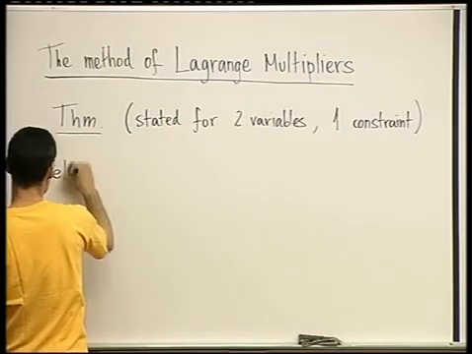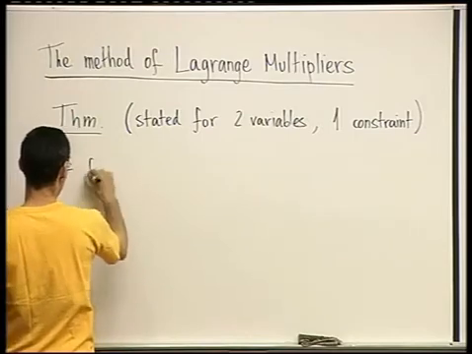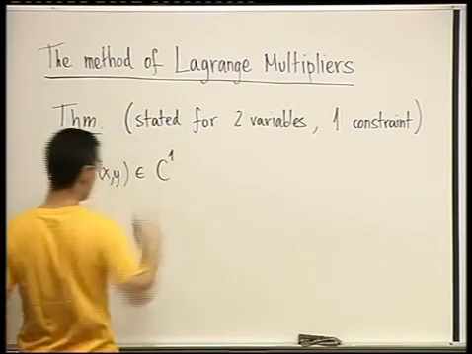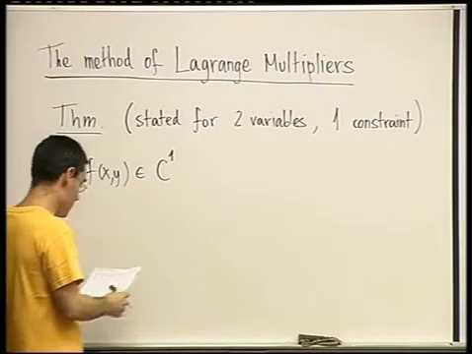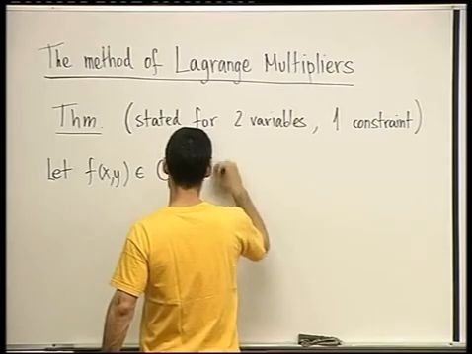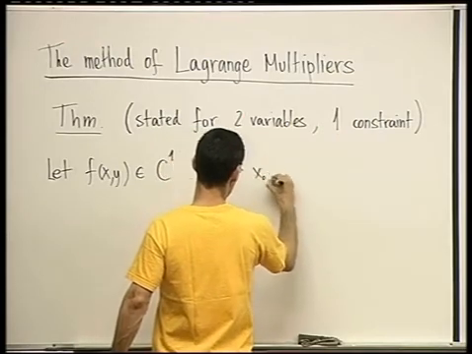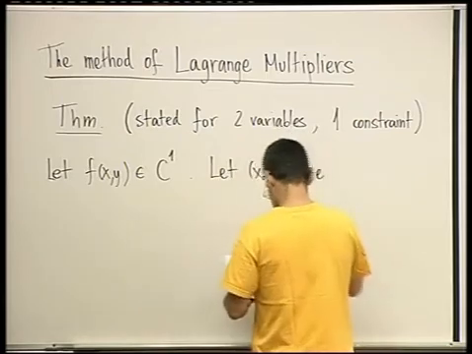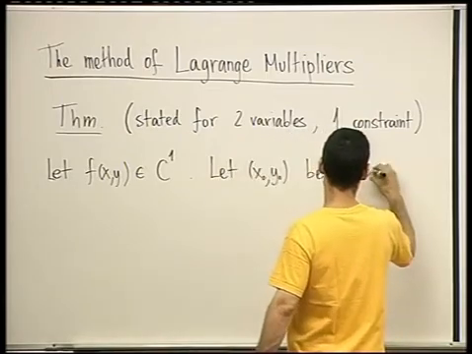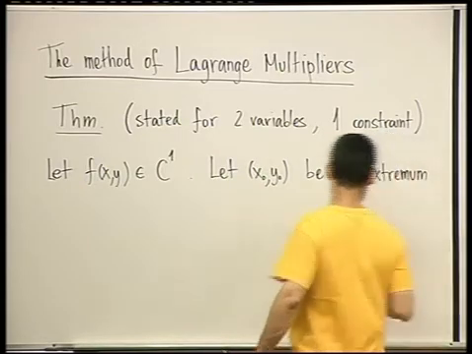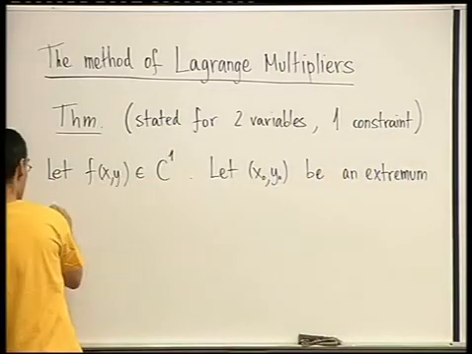So let f(x,y), here's the two-variable function, and we're going to assume, as always, that it's C1, continuous partial derivatives. Let (x0, y0) be an extremum, a minimum or a maximum, an extremum of f.